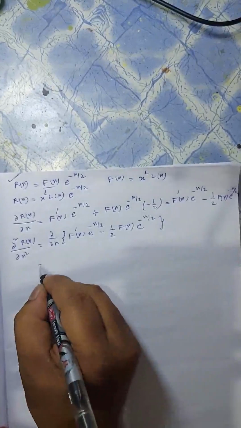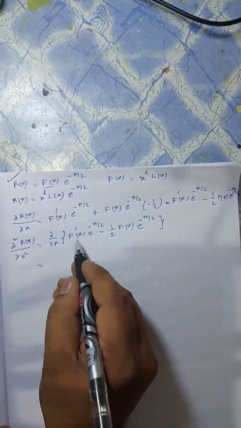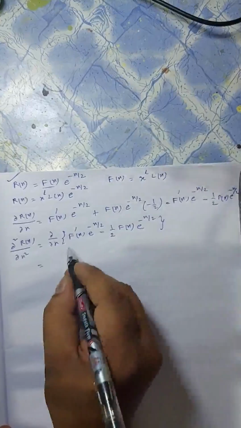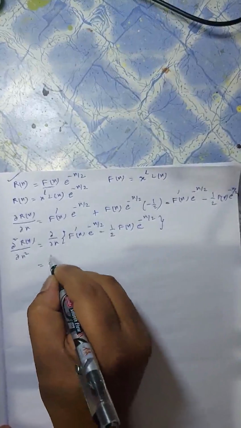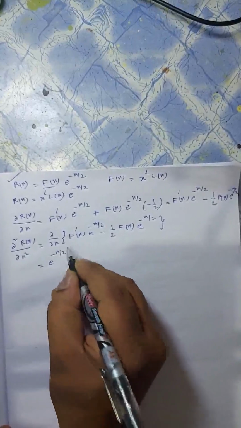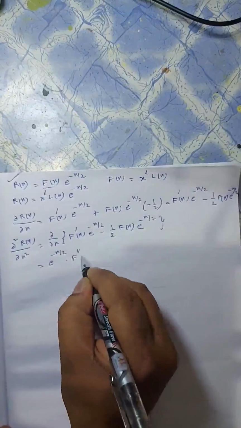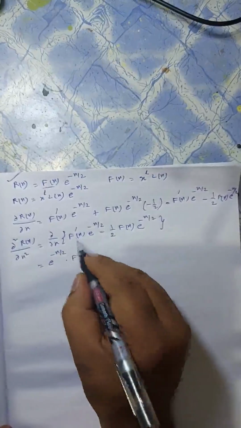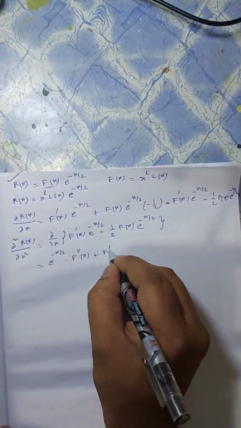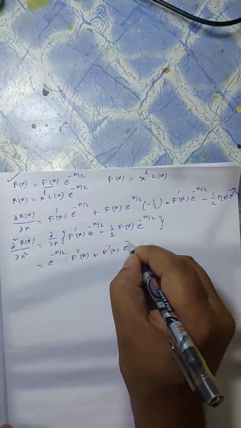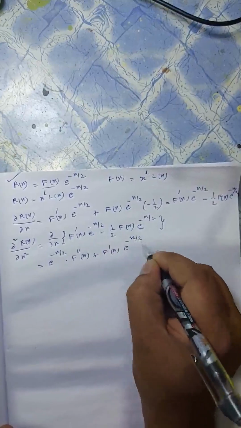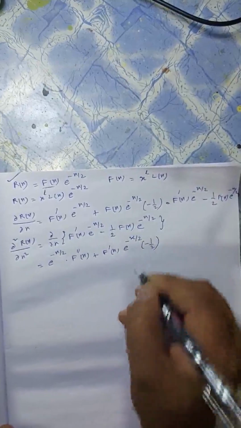When you take the derivative, we first take, suppose I keep this one constant, the derivative of this, the second derivative, then keep this one constant, the derivative of e to the power minus x by 2 into minus half.